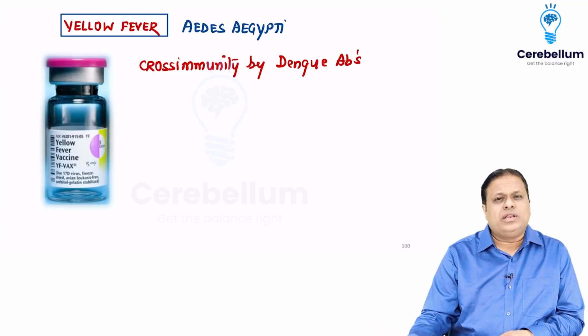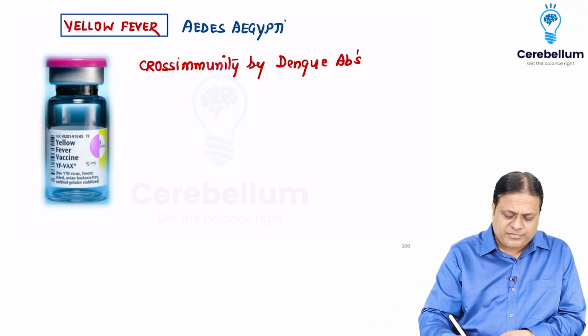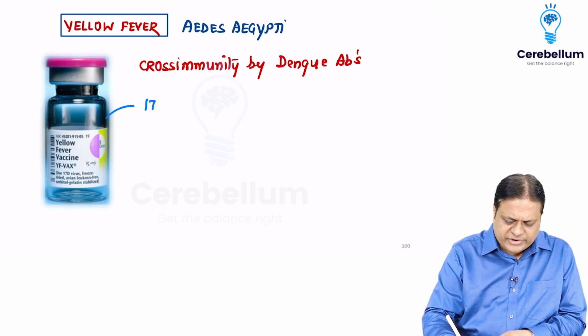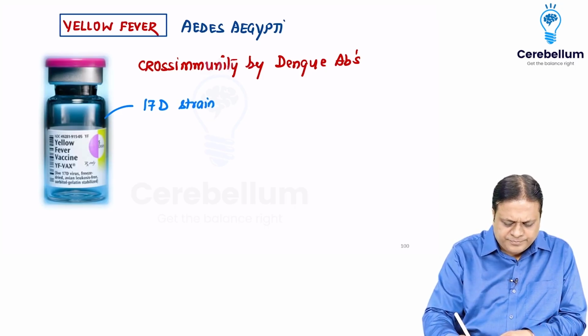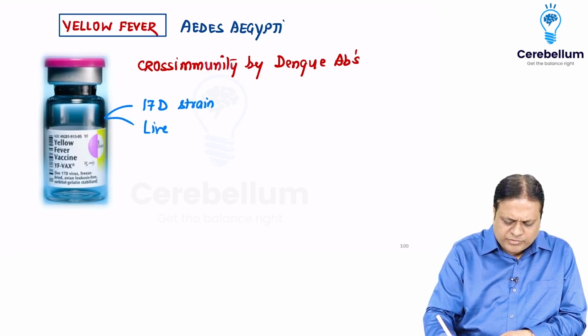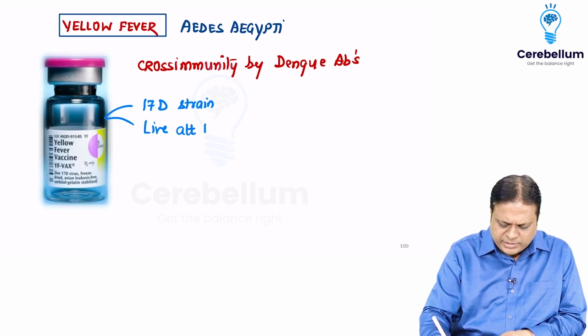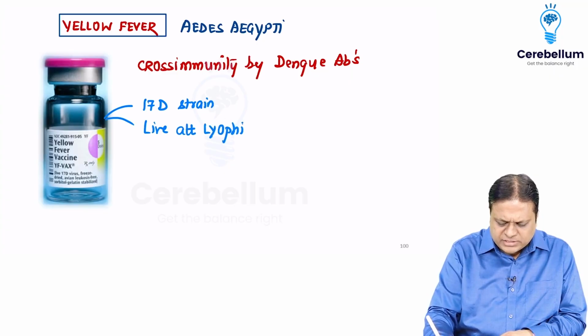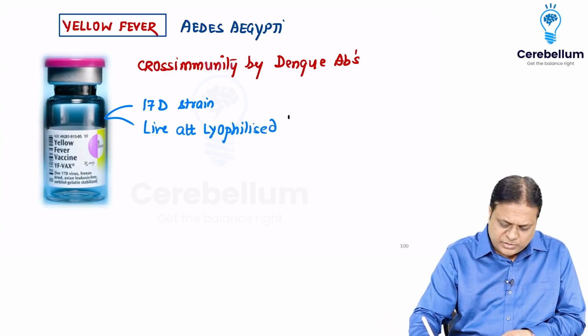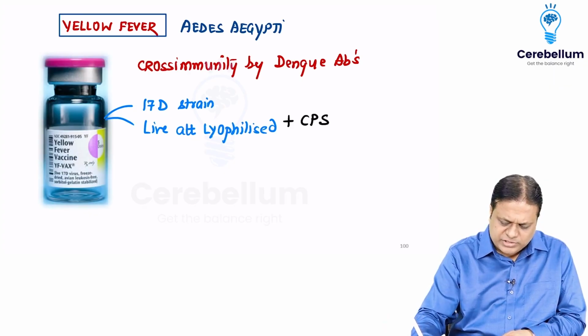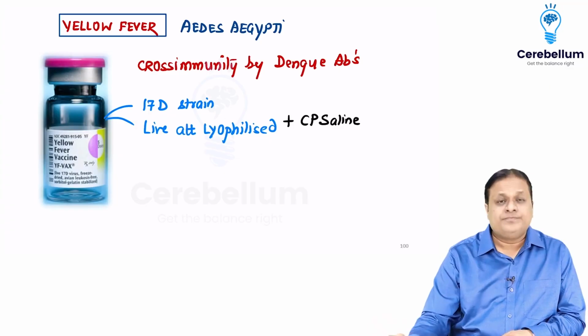When we look at the yellow fever vaccine, it has strain 17D, Dakar antigen units, a type of live attenuated lyophilized vaccine, which is reconstituted with cold physiological saline.